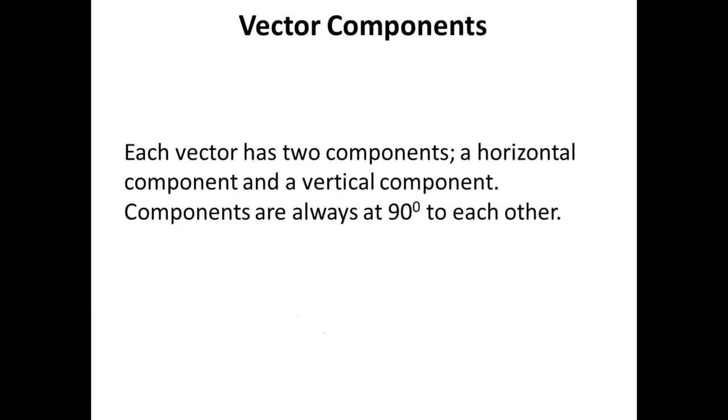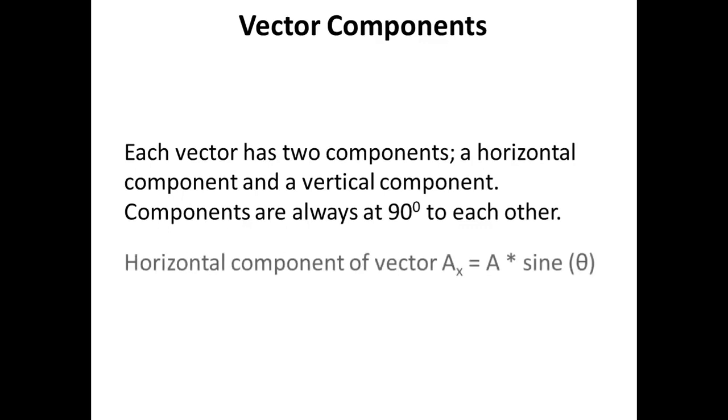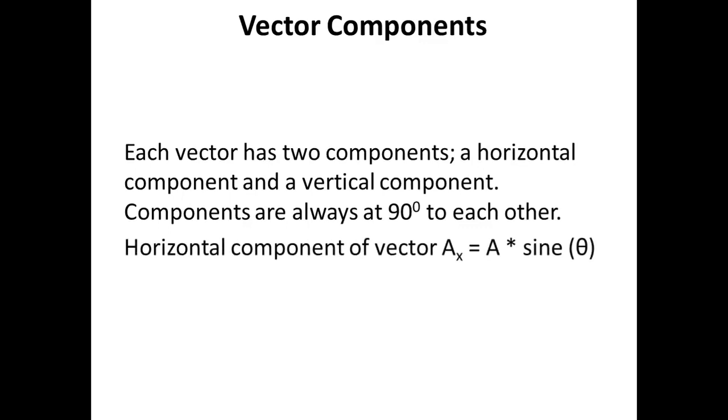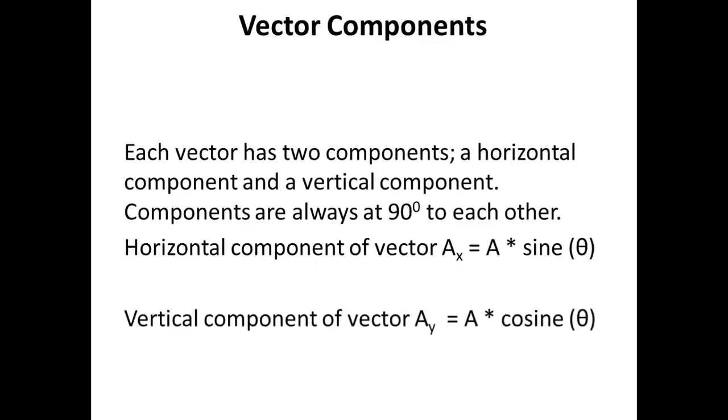Now we have components of a vector. Each vector has two components, a horizontal component and a vertical component. Components are always at 90 degrees to each other. Now, when we solve for the horizontal component of vector A, AX would be equal to A sine of theta. And for the vertical component of vector A, AY, it would be equal to A cosine theta.